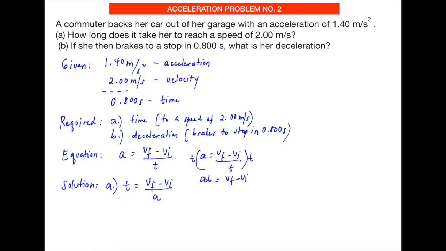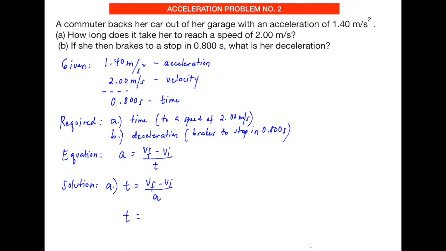And then, in order for us to compute, we have to divide both sides by A. And then therefore, as you can see, the time is Vf minus Vi over A. So, let me erase this first.